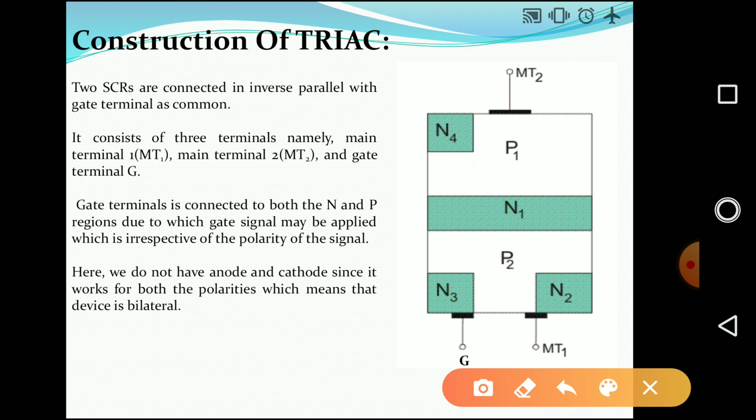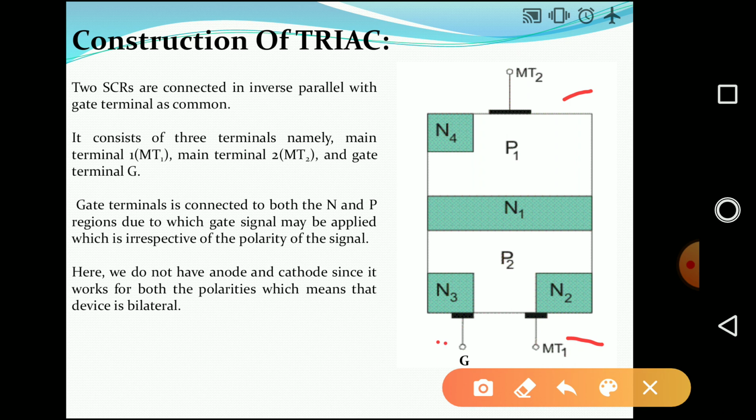We have already studied the diac. In the diac, two diodes are connected in anti-parallel, but in the triac, two SCRs are connected in anti-parallel. Among them, both SCRs' gate terminals are taken commonly to form a single gate. It consists of three terminals, namely main terminal MT1, main terminal MT2 and the gate terminal.